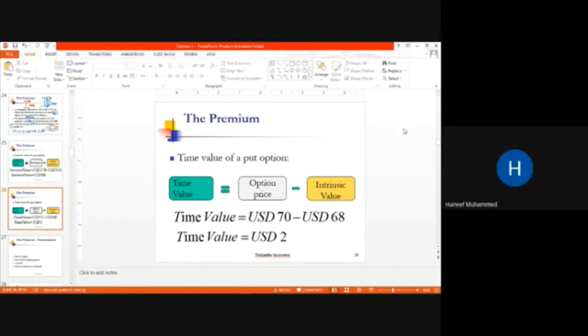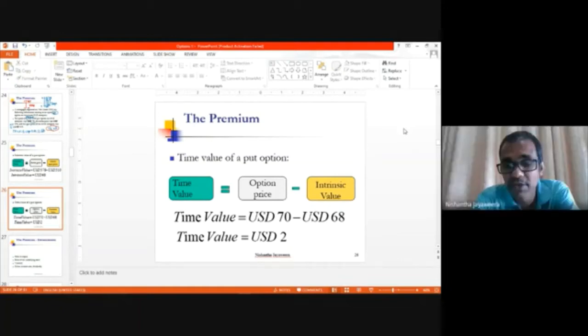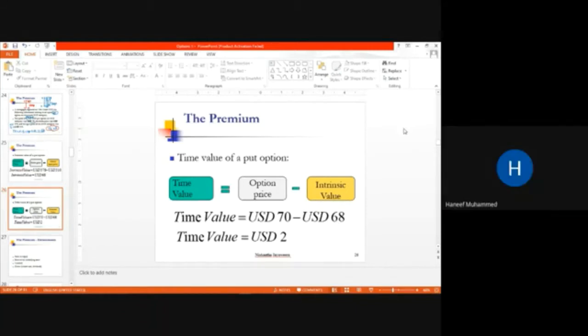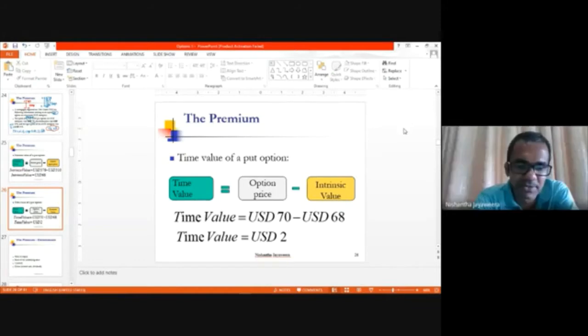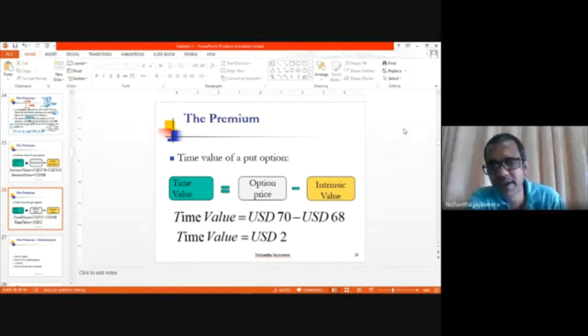So a short call refers to having gone in for an agreement to sell. Agreement to sell what? The underlying asset, yes, you can think that way. If the buyer asks, you have to sell it.